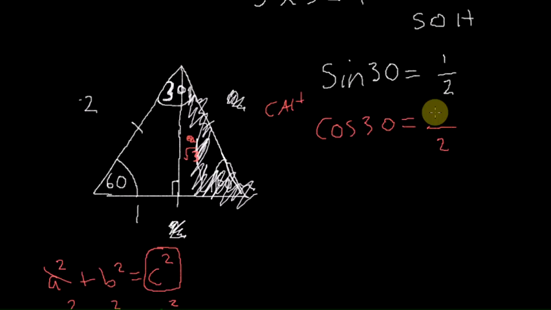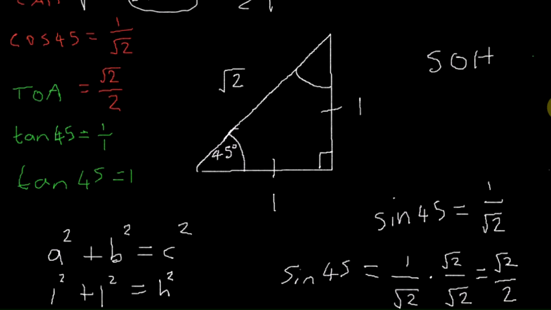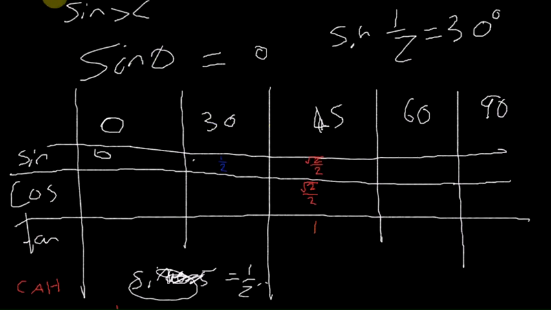So now we know that the cos of 30 is square root of 3 over 2. So let's be very chuffed with ourselves and write that in. Cos 30 is square root of 3 over 2. Okay, slightly different shade of blue, but never mind.